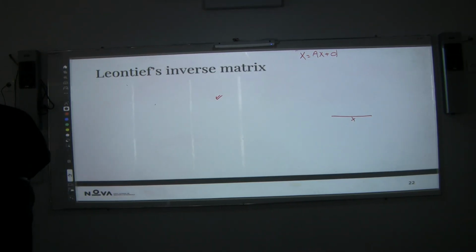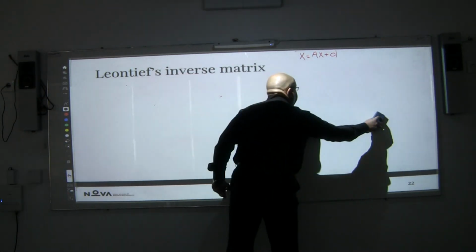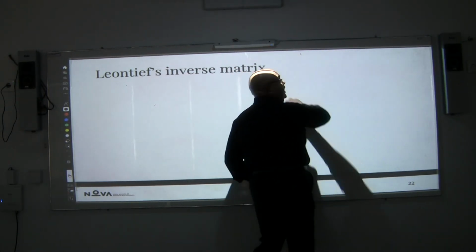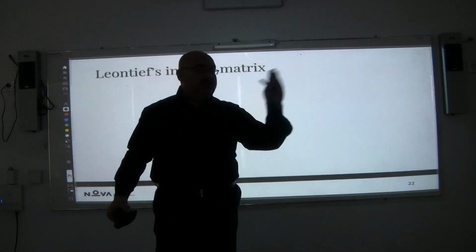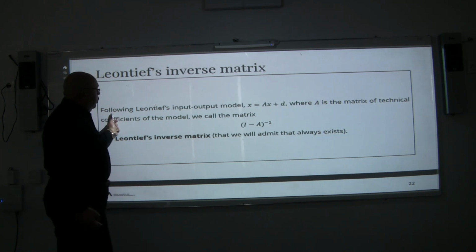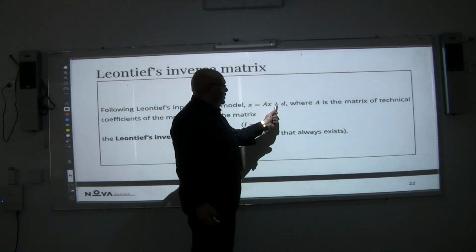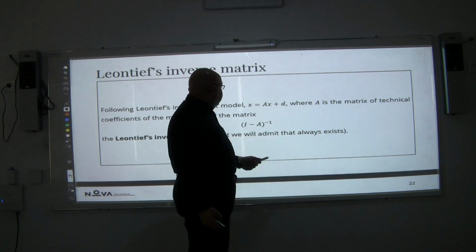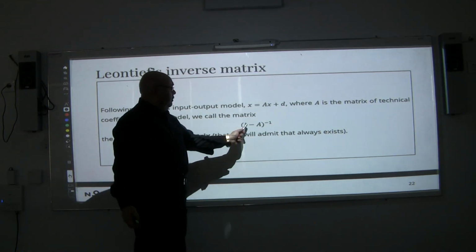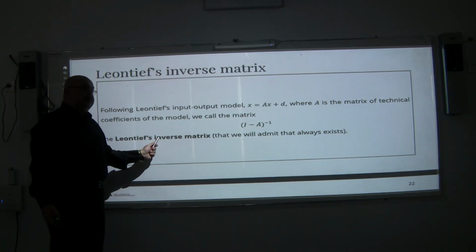Now I want to speak with you specifically about the inverse Leontief matrix, which we did together just seconds ago, which is (I minus A) to the power of minus 1. What's the meaning? Following Leontief's input-output model, X equals AX plus D, where A is the matrix of technical coefficients, and (I minus A) to the power of -1 is Leontief's inverse matrix.